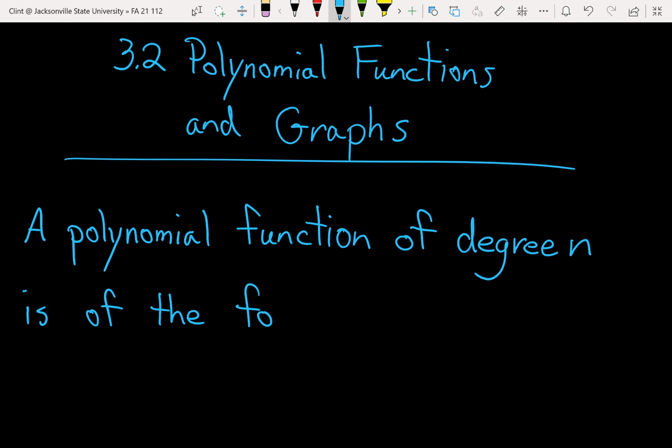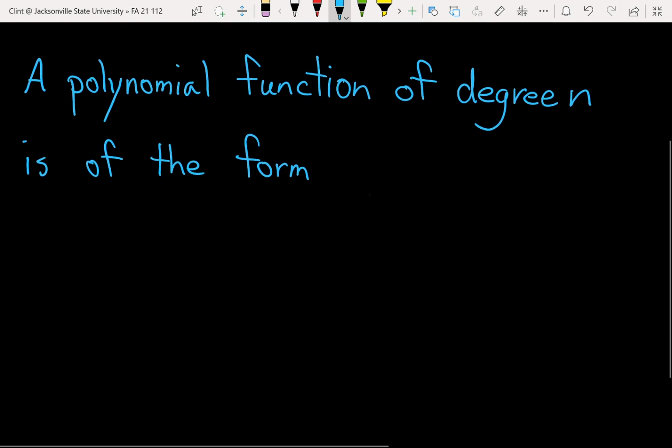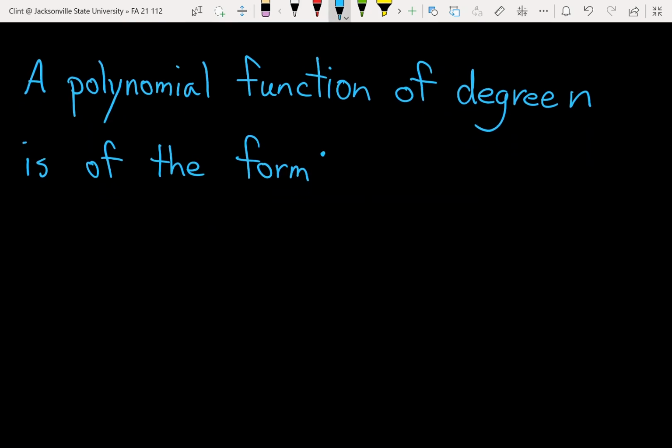It's of degree n, lowercase n. And you could call it anything, that's just the variable we're using. So since it's a polynomial function, we'll call it p of x.